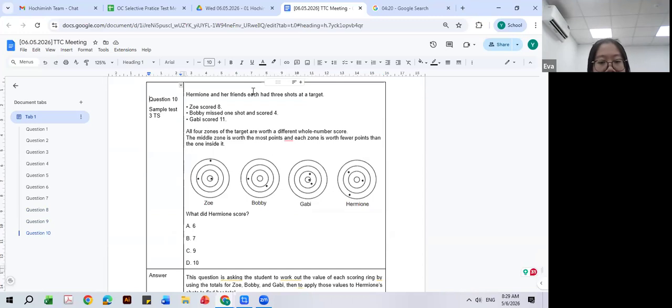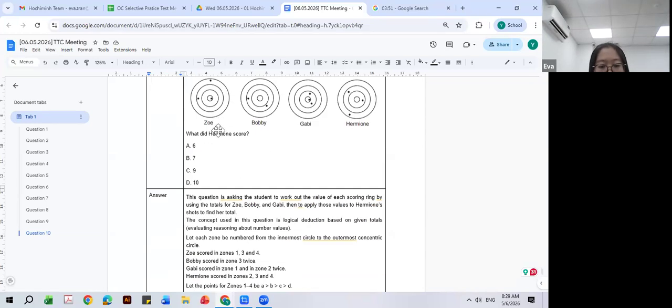And question number 10. Harmony and her friends have 3 shots at the target, and here is the illustration for the marks of Harmony and her friends. We have to find Harmony's score. Here it has four circle regions: the first, 2, 3, and 4 regions.